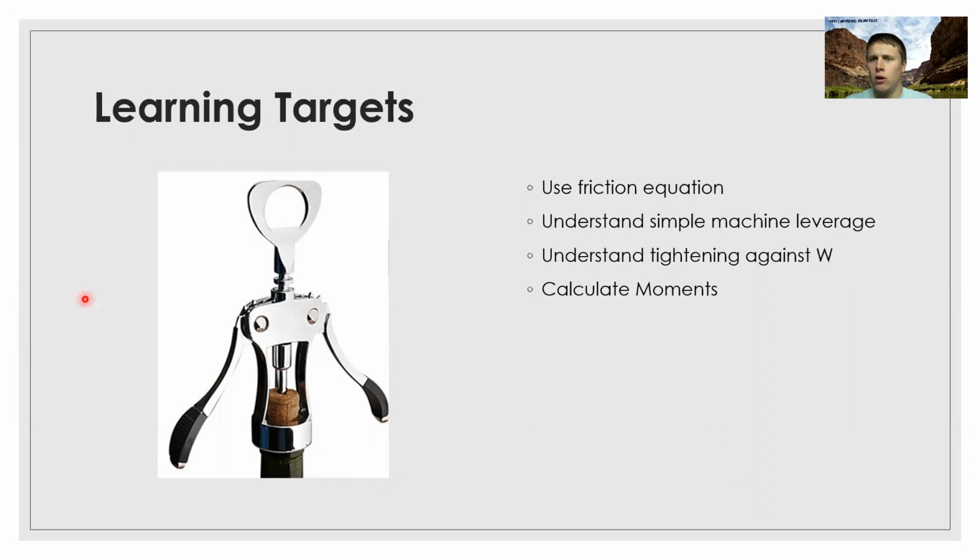There are two main components in a wine bottle opener. First is the mechanism to get into the cork, in this case the corkscrew. This corkscrew is pushed down with a force of W, and a moment is also created by turning the tab at the top with your fingers.